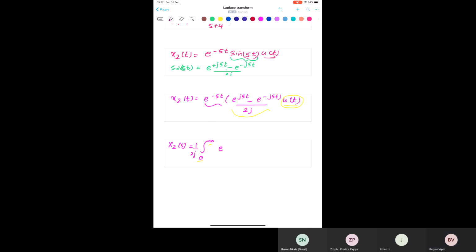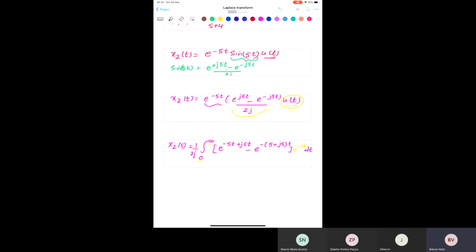Then it will be e raised to the power minus 5t plus j5t minus, and then we have this e raised to the power minus st, and then we have dt.